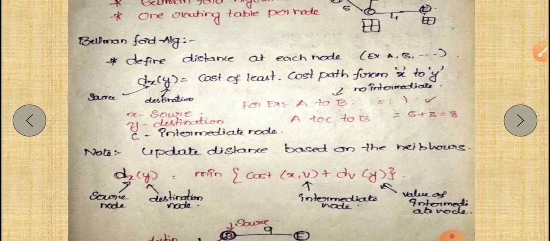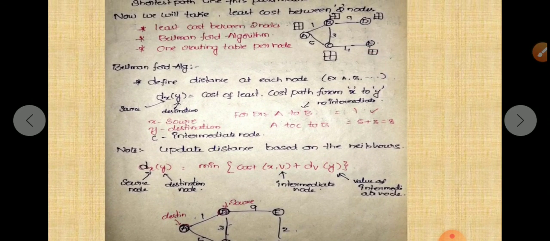So like this, each and every node is going to check its adjacent routers' distances: how many adjacent routers are present and how much distance to each.